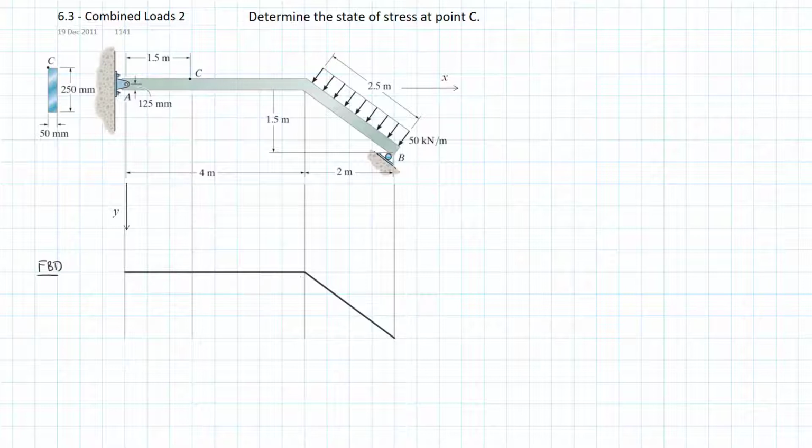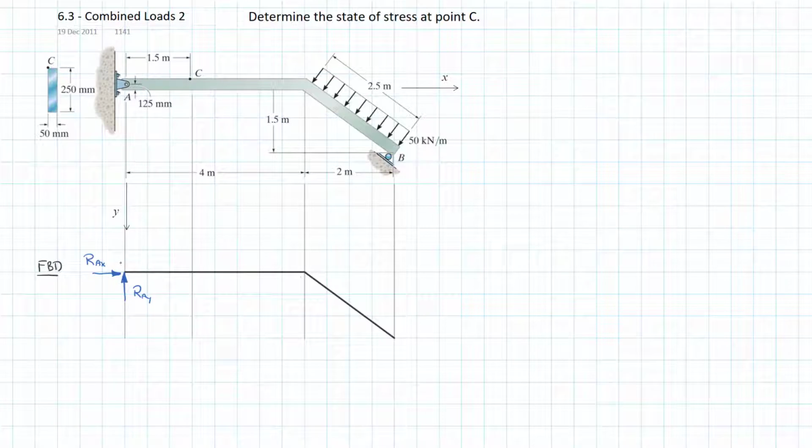Of course, the first step is to set up a free body diagram. I've already laid out the center line of our free body diagram, and I'm going to go about labeling it. So let's get our reactions in here. We have a pin support at A, so we're going to have reactions RAY and RAX.